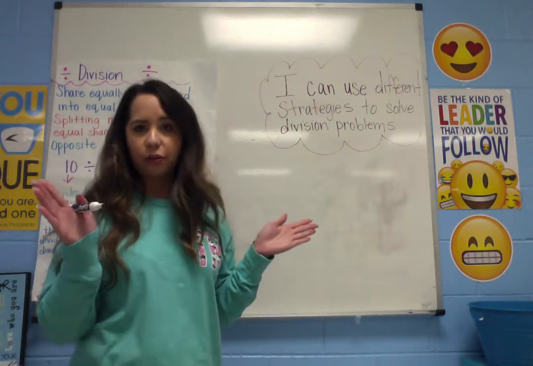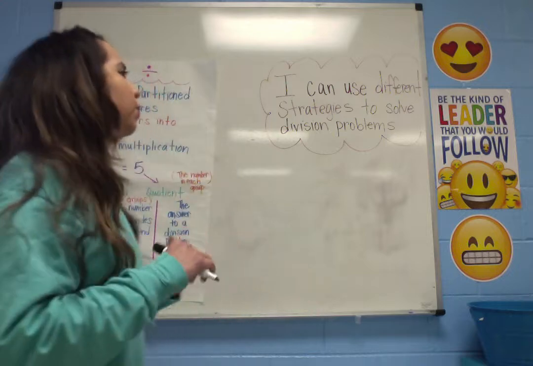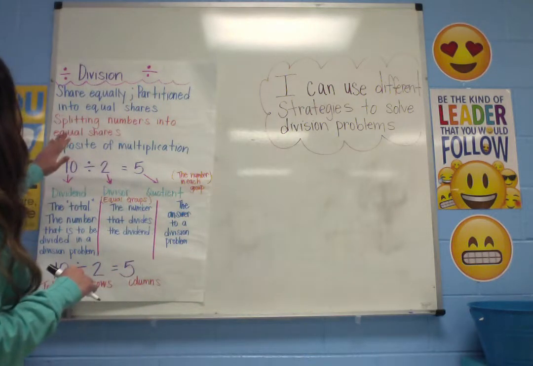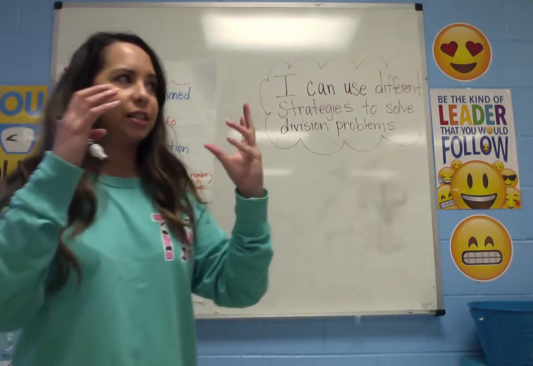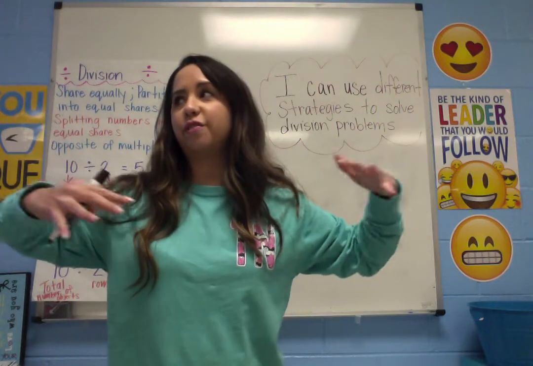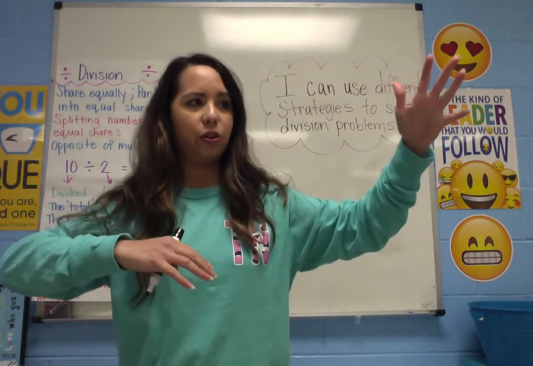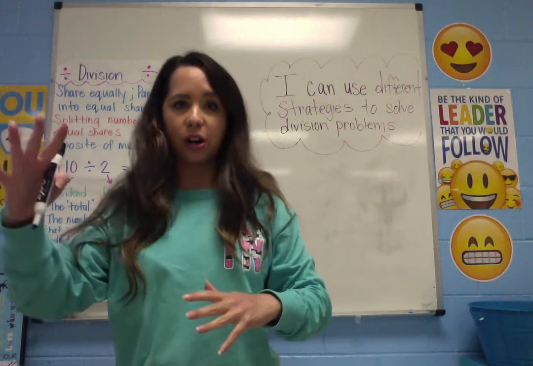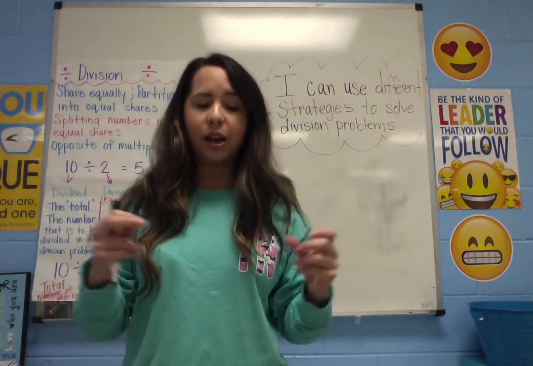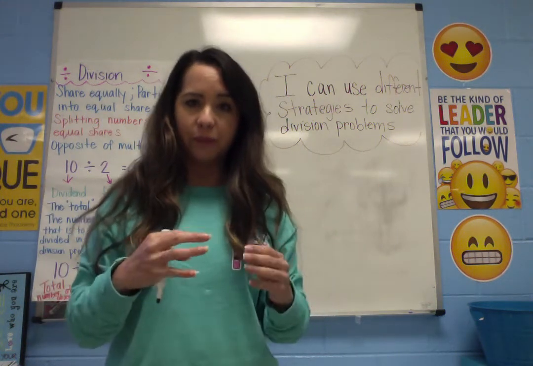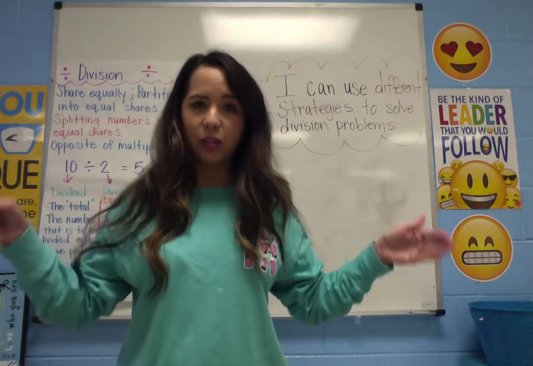All right, so let's review. What is division? Well, we know division, we think about taking this total number of objects, whether it's food, cars, students, and we split that number and we can divide it into equal groups.